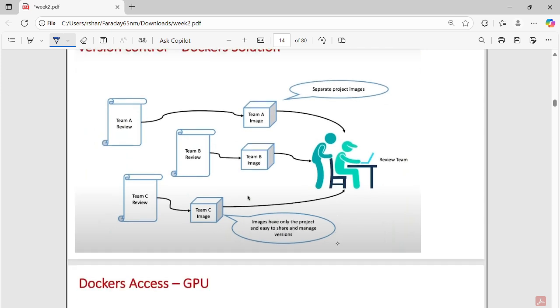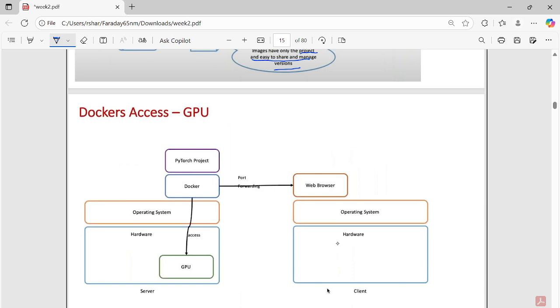So now in the review aspect, these images will have the projects, and they will be easy to share and manage the versions, as we have a separate project image.